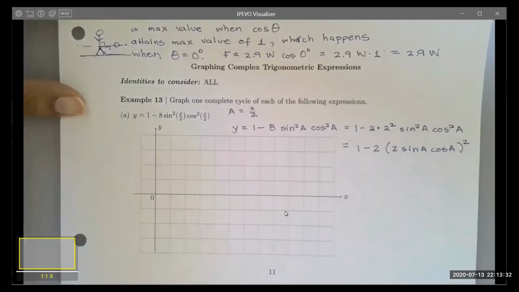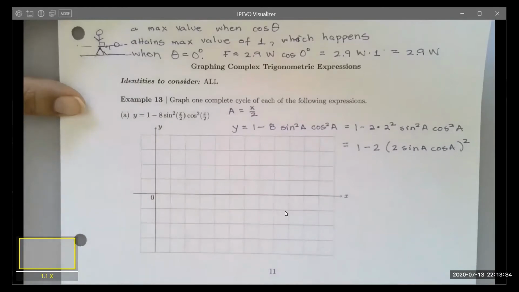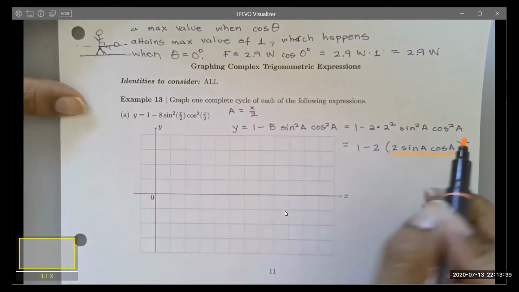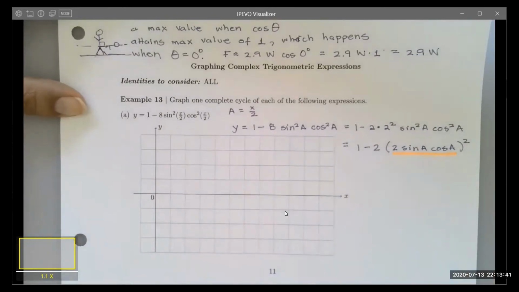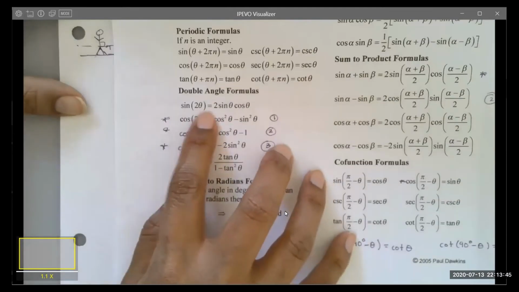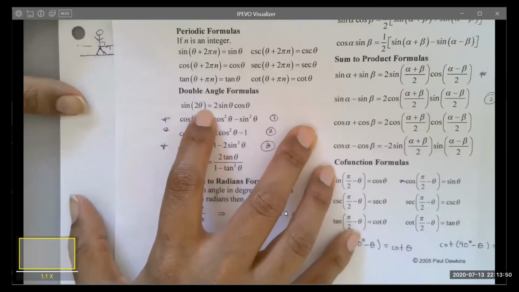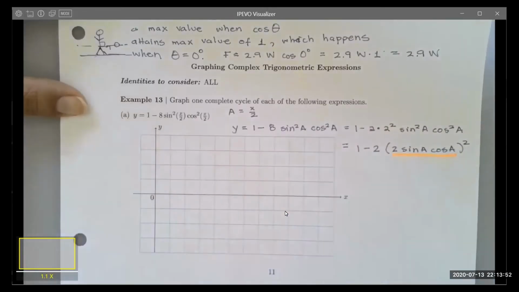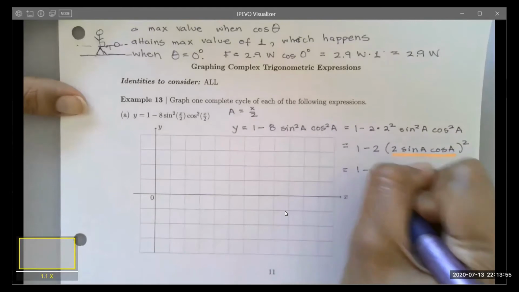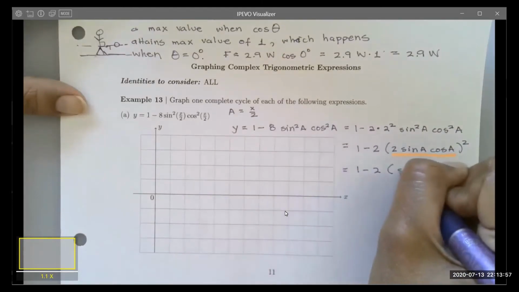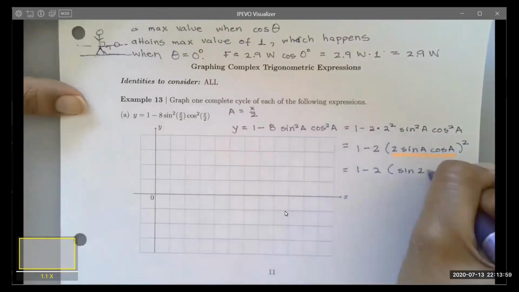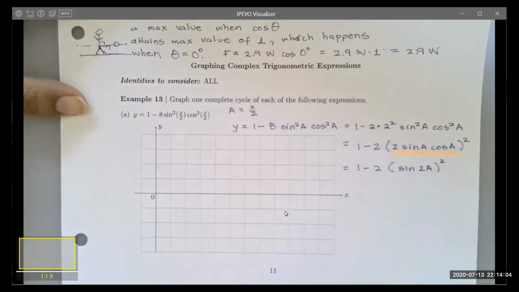Well, notice that this 2 sine of a, cosine a, can be collapsed into one trig function by applying the double angle formula. 2 sine theta cosine theta is sine of 2 theta. So what I'm going to do here is write this as 1 minus 2 times sine of 2 times the angle, which is a. And I still have that square out there.